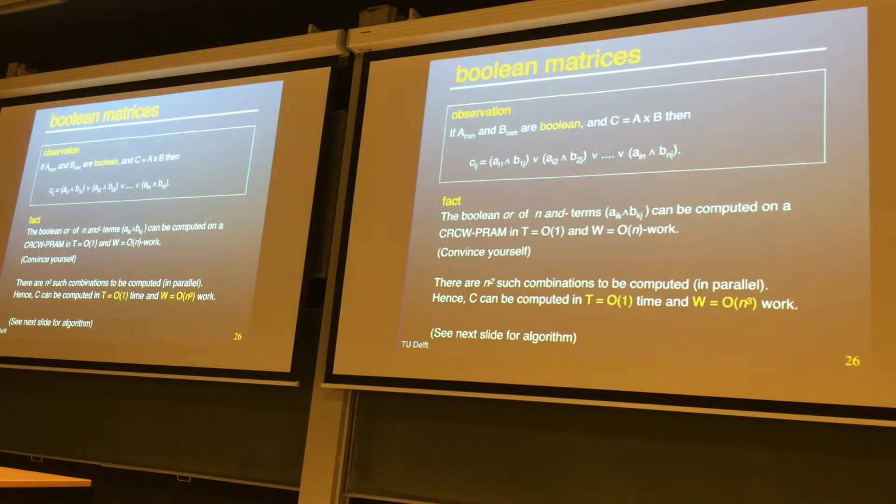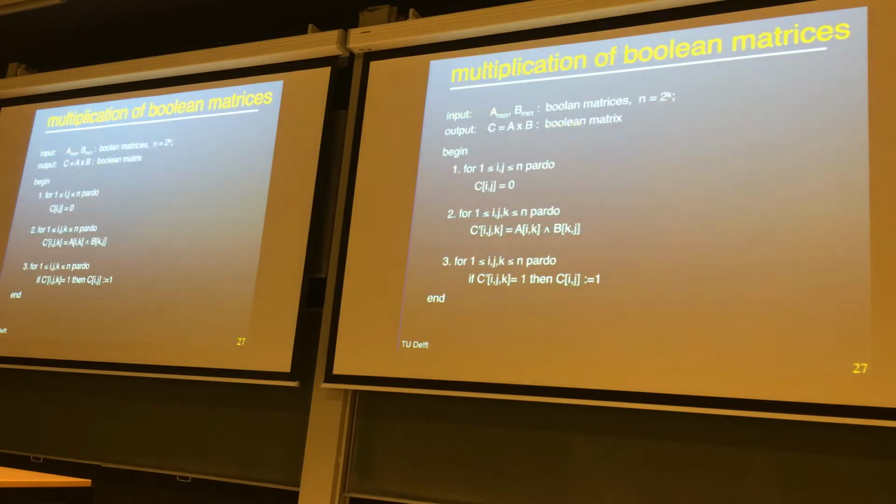And the basic algorithm, of course, is the following, where we do the essential step that requires a CRCW: for i, j, k between 1 and n, processor P_ijk does, if C'_ijk equals 1, then C_ij should be equal to 1, and else it is 0.